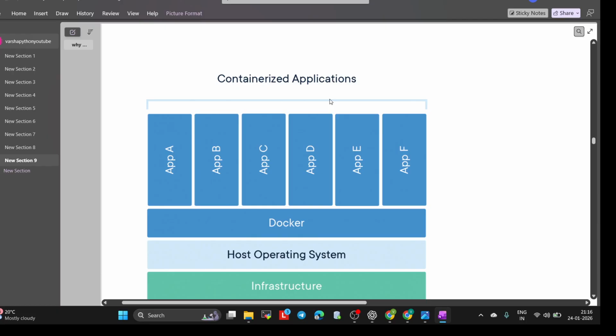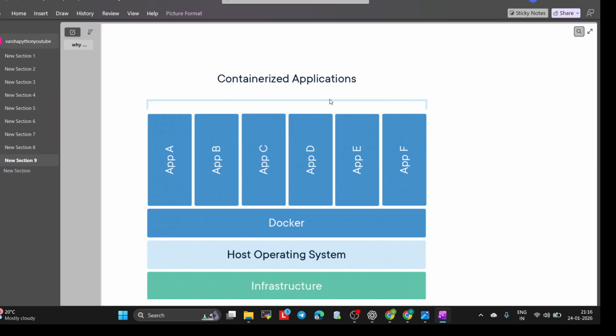Containerization means, as I already said, packaging an application along with its runtime, libraries and dependencies into a single unit called a Docker image. This ensures that the application runs the same way in development, testing and production environments, regardless of where it is deployed. In traditional deployment, applications often fail because of environment differences, but containers solve this problem by providing consistency.